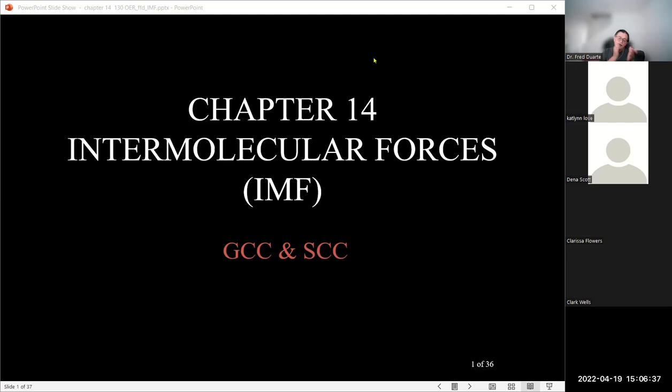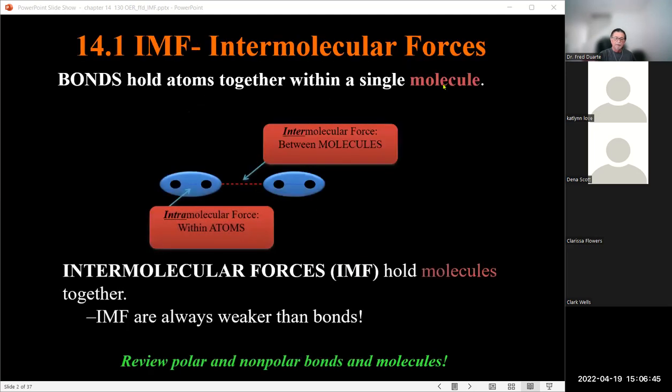And what's happening is these interactions between molecules, the strength of these, let me move on to the next slide, maybe explain a little bit better, okay, graphically. What we're looking at here is these two molecules, for example, two diatomic molecules, and this dotted line represents the interaction between molecules.